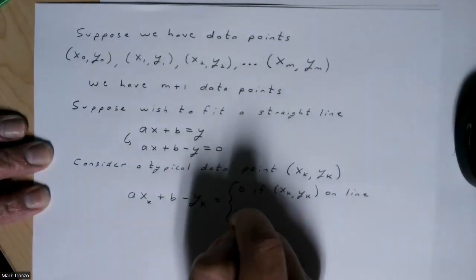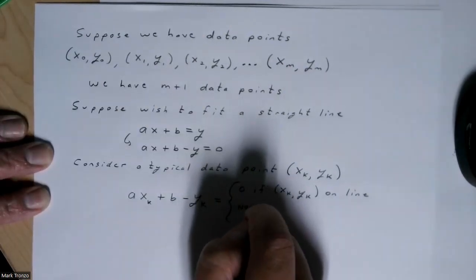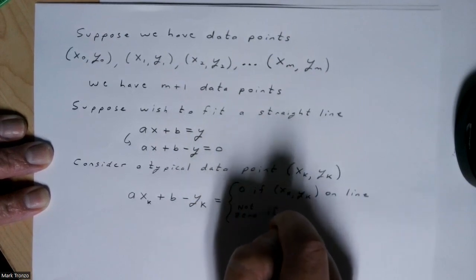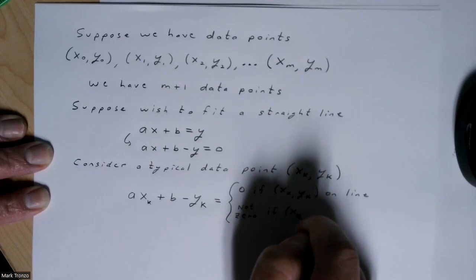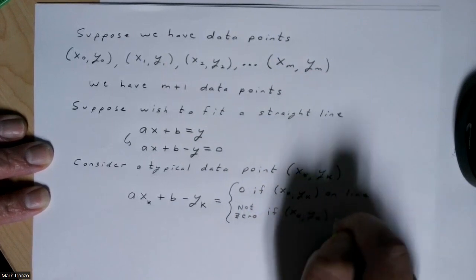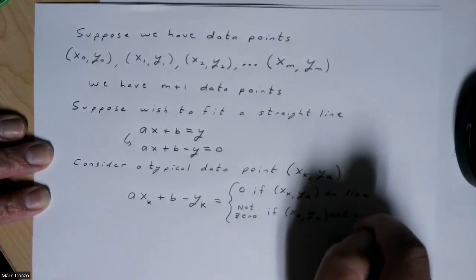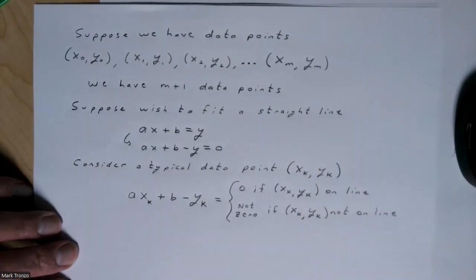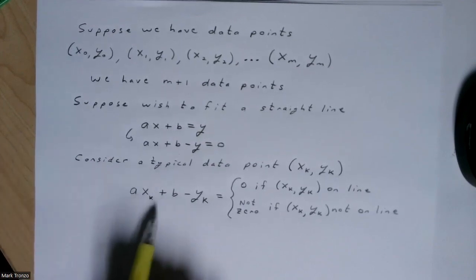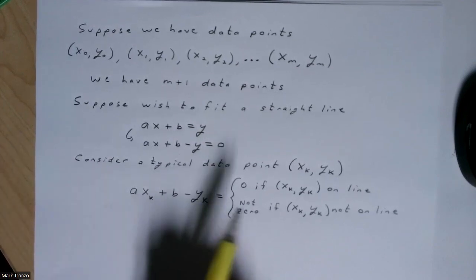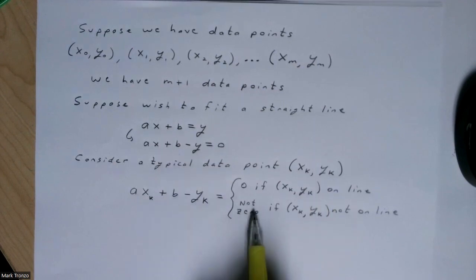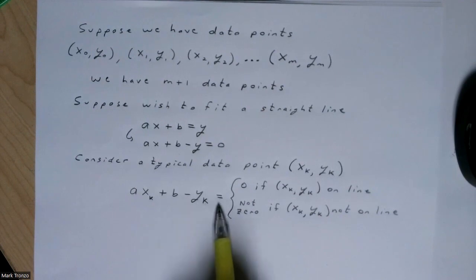And it's not 0 if our point is not on the line. Like this. And so this would be like, say, the error that we would have if we have a given line and we put our point into here. Whatever we get is going to be our error.